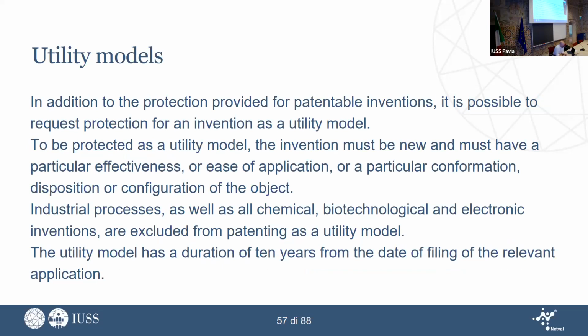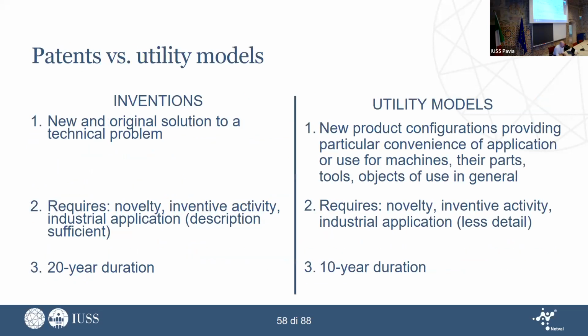In addition, in Italy, we have the right to protect utility models. And the difference is, in particular, the type of inventiveness. The invention protected by patents has to be a new and original solution to a technical problem.